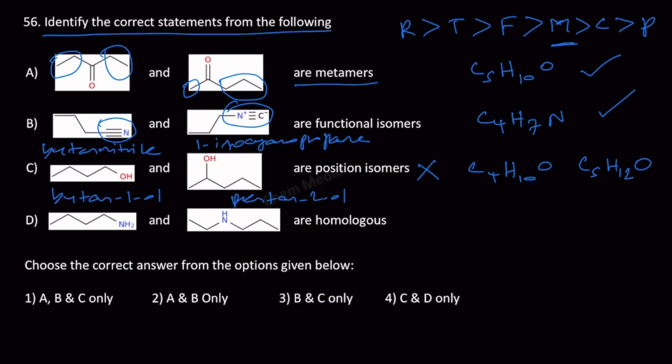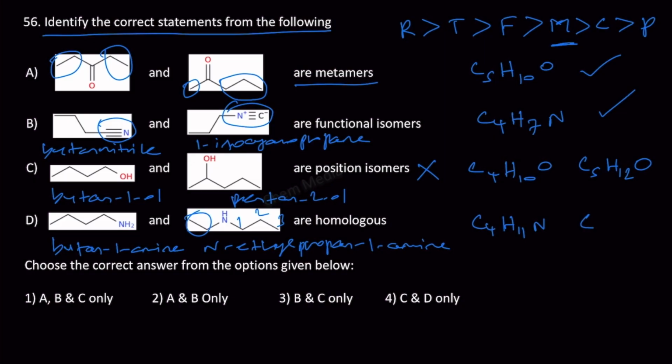And then in option D we have butane 1-amine and N-ethyl propane 1-amine. Now the molecular formula for butane 1-amine is C4H11N, and the molecular formula for N-ethyl propane 1-amine is C5H13N. Are they homologous? To be considered as homologous, the functional group has to be the same.